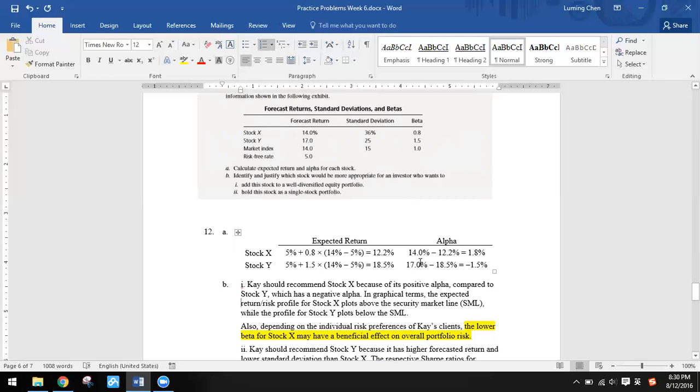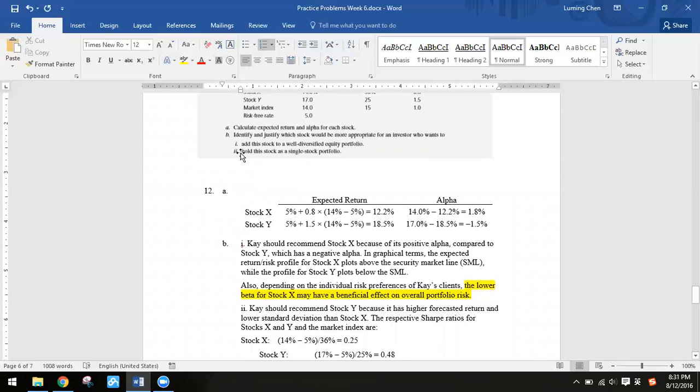And the other reason is that stock X has a positive alpha. In this case, we will get a higher expected return for the whole portfolio.